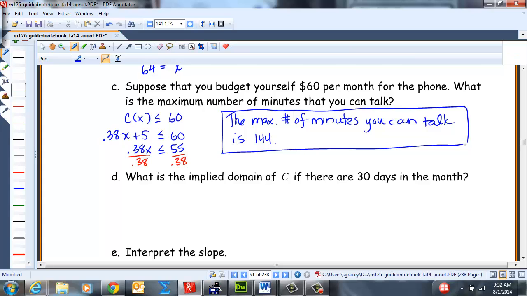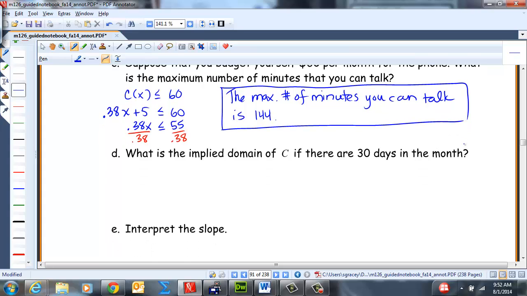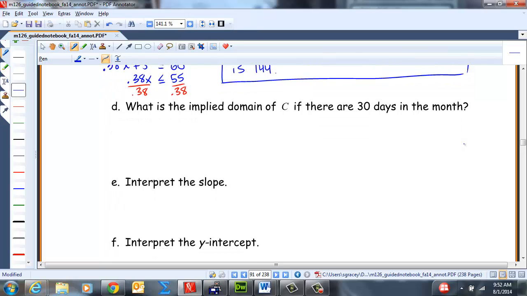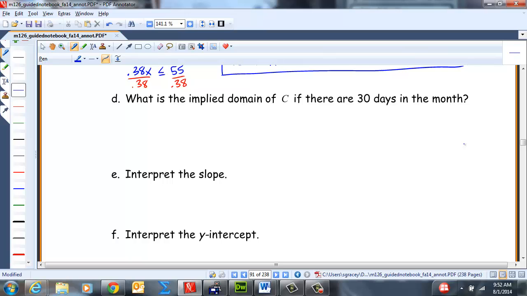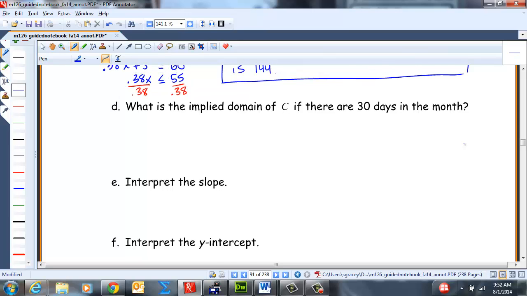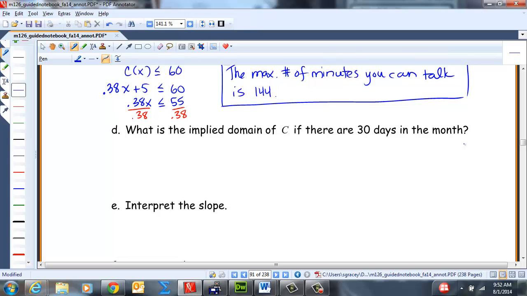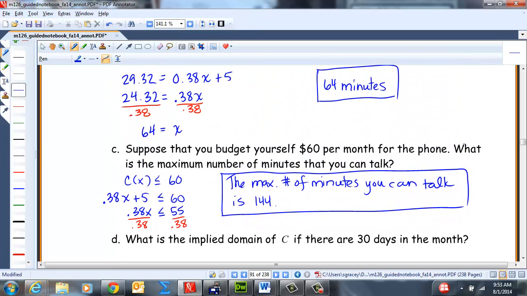Okay, what is the implied domain of C if there are 30 days in the month? So for 30 days, we have to think about our unit of time, right? We were dealing with minutes, were we not?